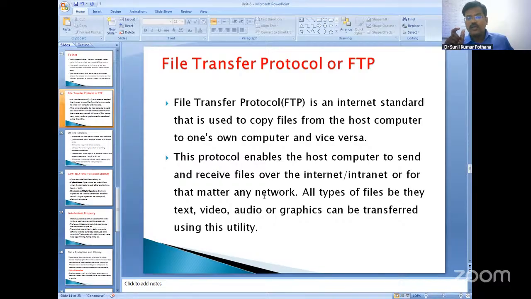This protocol enables the host computer to send and receive files over the internet or intranet or for that matter any network. All types of files, text, audio, video, graphics, can be transferred using this utility.